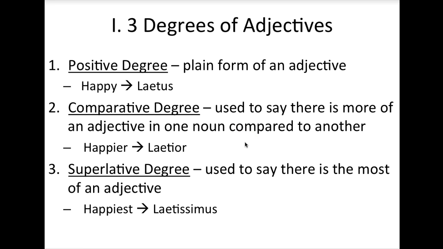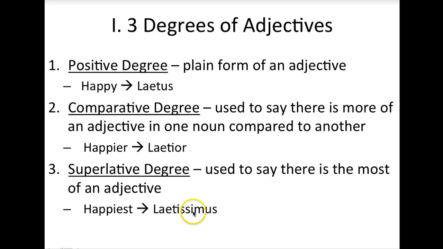So the third degree of adjectives is superlative. Now this is used to say there's the most of a certain adjective. So happy in the positive, happier in the comparative, and happiest in the superlative degree. Now let's look at the difference in the Latin. It got a lot longer, but something to point out, you'll see a lot of times in superlatives a double letter.